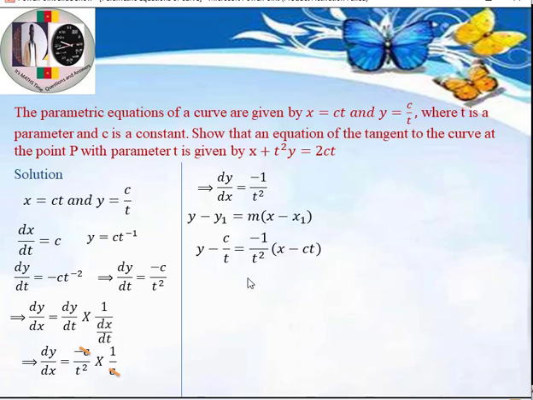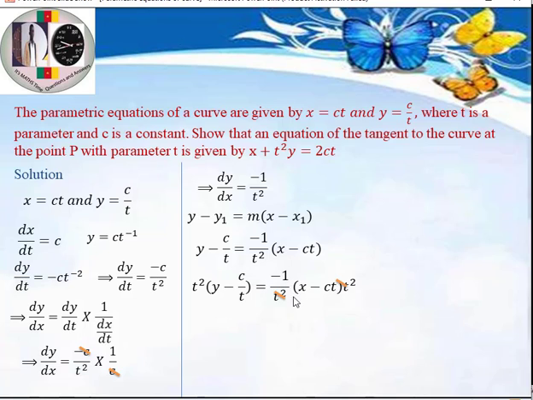So we can remove this fraction at the denominator, this t squared. We are going to multiply both sides by t squared. So this t squared cancels itself on the right, and we are going to be left with minus 1 there.